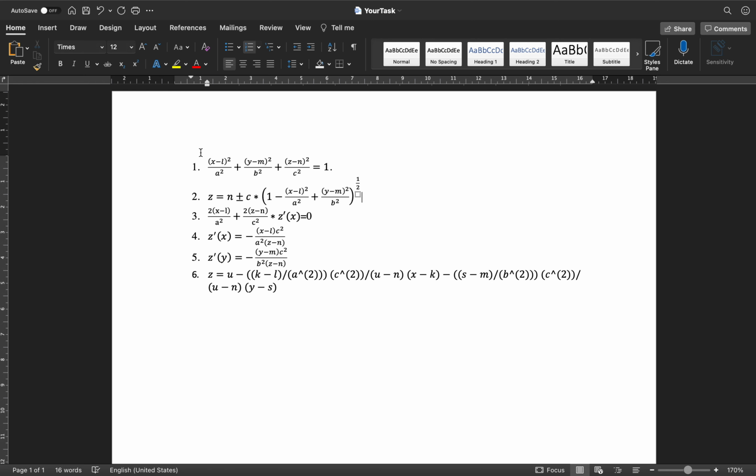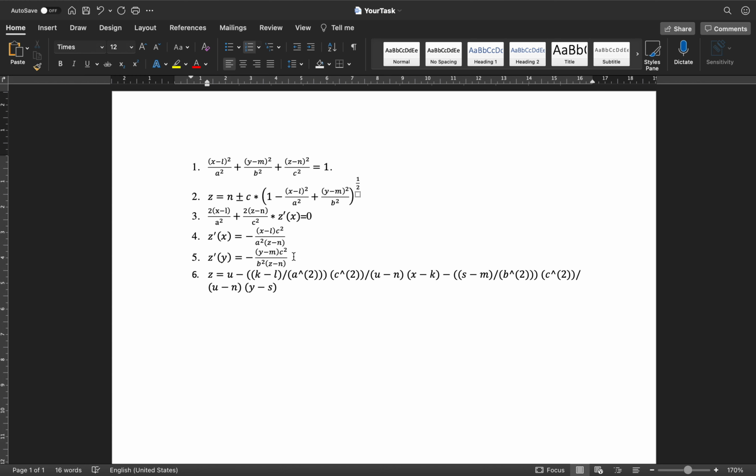We can see from the original equation that the derivatives of z with respect to x and y are the same, just the variables are different. So this is the derivative of z with respect to y.